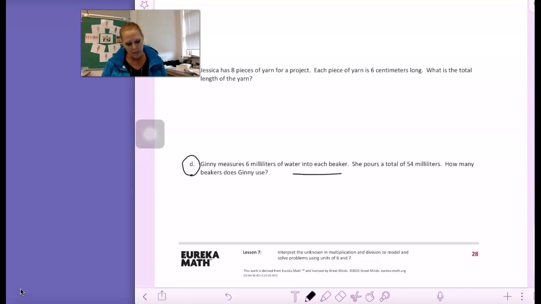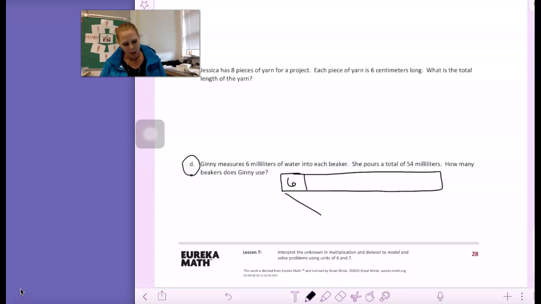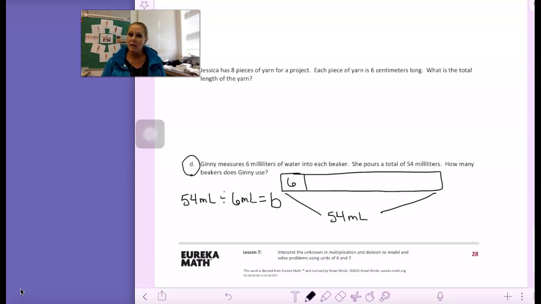So I'm going to use a tape diagram. And I know that in each beaker we put 6 milliliters. I know that we have a total of 54 milliliters. So the equation I can write from this tape diagram is 54 milliliters divided by 6 milliliters in each beaker equals some number of beakers.